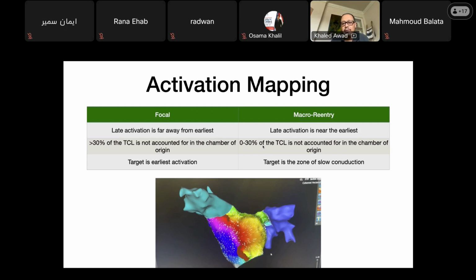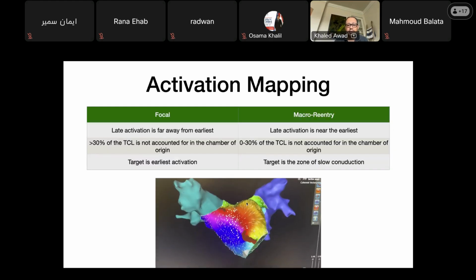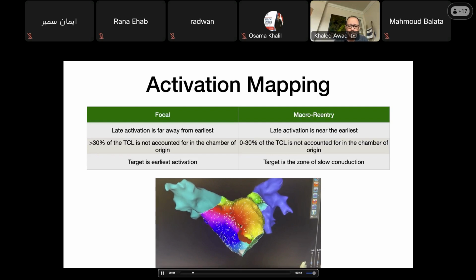There are better ways to look at that, such as propagation maps, trying to understand where conduction becomes very slow. Why? Because this is the most vulnerable part of the circuit. This is what you need to target. This is a case I did. I'm going to talk about it a little more, but you can see here early and late are all in the same spot.